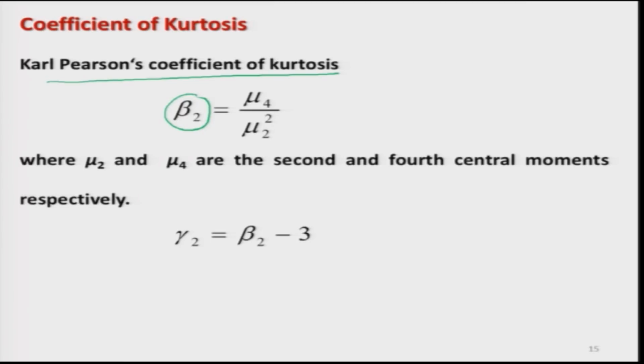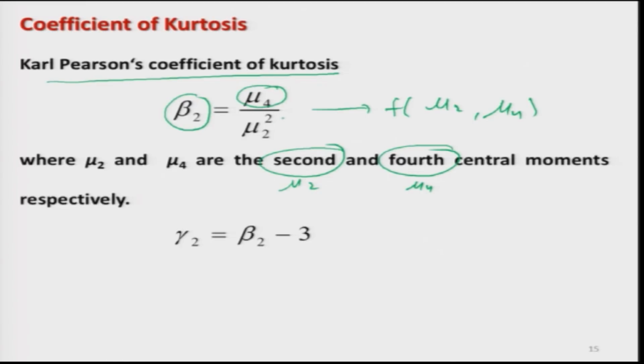And similar to the coefficient of skewness, you can see that this beta 2 also depends on mu 2 and mu 4. What are this mu 2 and mu 4? Mu 2 is the second central moment and mu 4 is the fourth central moment. The coefficient of kurtosis is defined as the fourth central moment divided by the square of the second central moment.